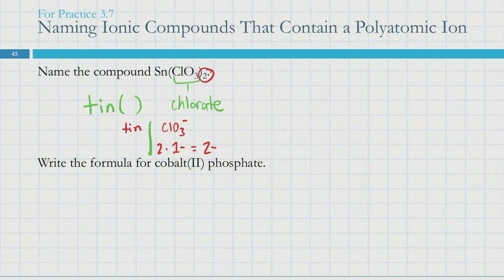So our tin has to have what charge? Yeah, our tin has to have a 2 plus charge. And so we would call this tin(II) chlorate, or stannous chlorate in the classical naming.